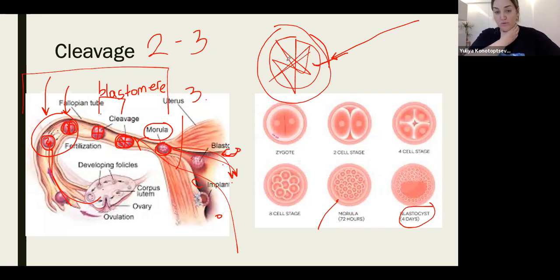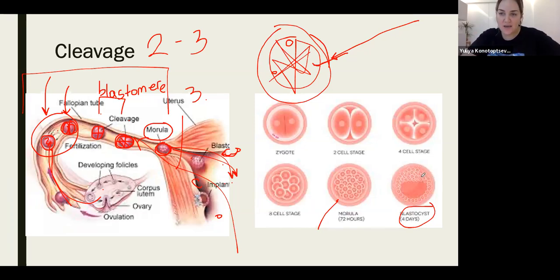Fluid is entering into your morula. When fluid enters into the morula, it doesn't just accumulate randomly. It's not like there's a droplet of fluid here, a droplet there. The morula separates the cells to make sure that it has a cavity for the fluid.